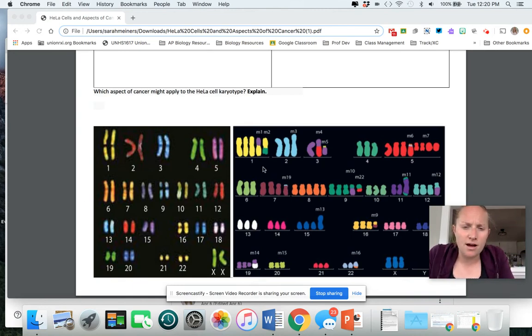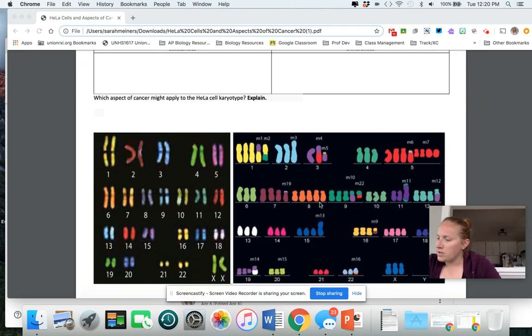However, in HeLa cells, she has tons of chromosomes for each type. So 5 for chromosome 1. That's really wonky. That's caused by a lot of accumulated mutations. In no way is that supposed to happen. And that's true for most of these. She has at least 3 or more copies of each chromosome of each type. So that was a big one that you probably noticed.